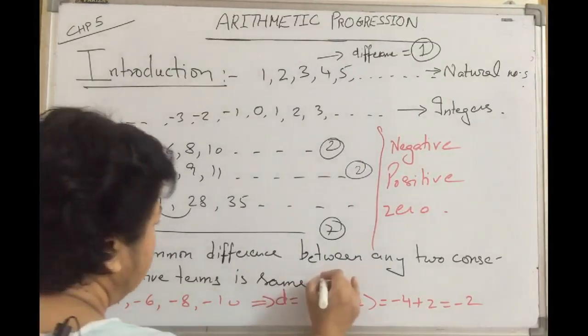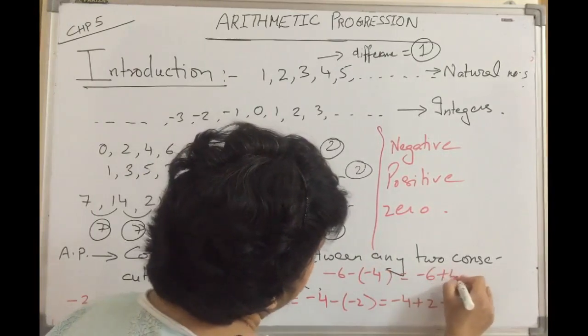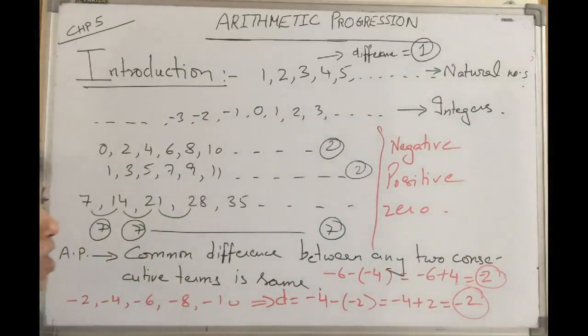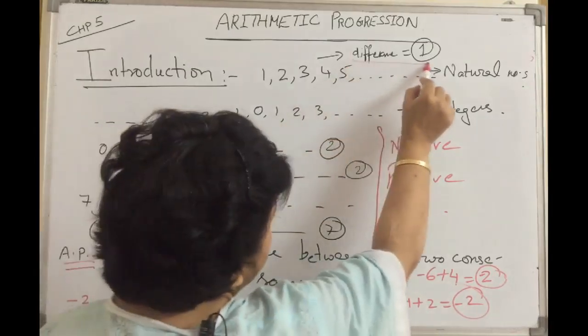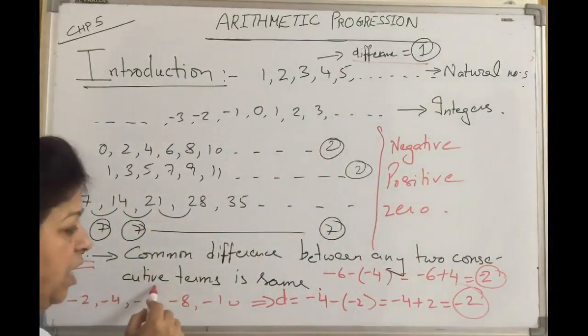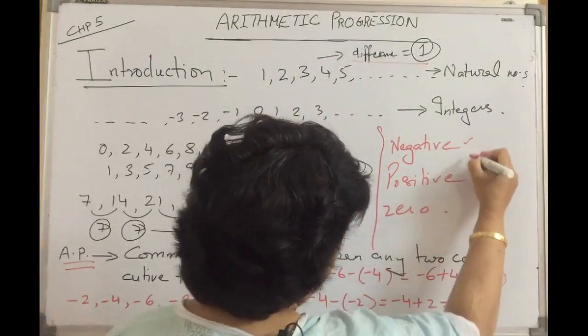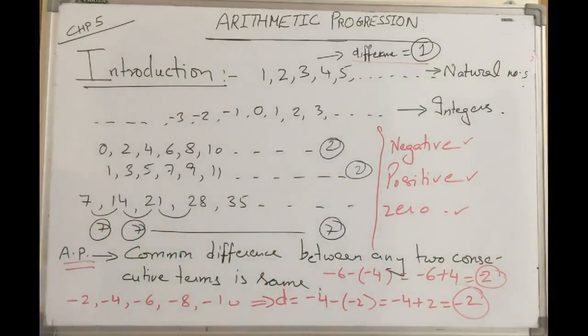Similarly, minus 6 minus minus 4 will be minus 6 plus 4, which is minus 2. So an AP is a sequence of numbers in which the common difference between any two consecutive terms needs to be the same. It can be negative, it can be positive, it can also be 0.